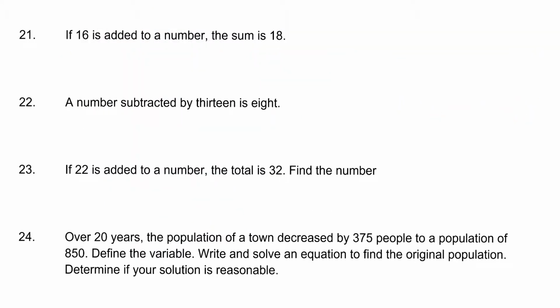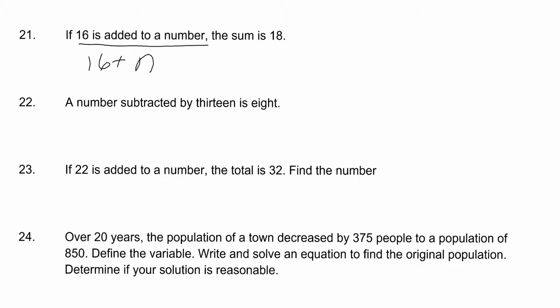Alright, so we're closing in on the end here. So we got 4 questions left. Now, we're doing the same thing that we were doing on number 20, and that's we have to write the equation and then solve it. So it says if 16 is added to a number, so we know what that looks like. That's going to be 16 plus n.